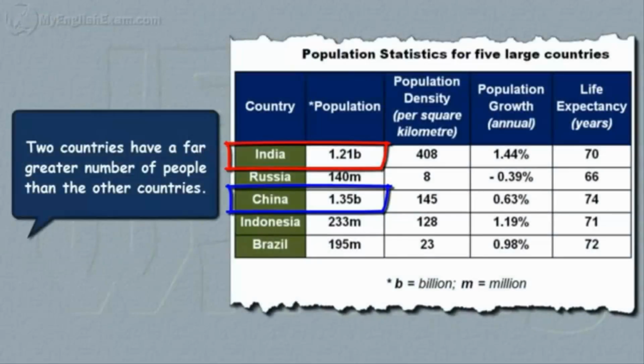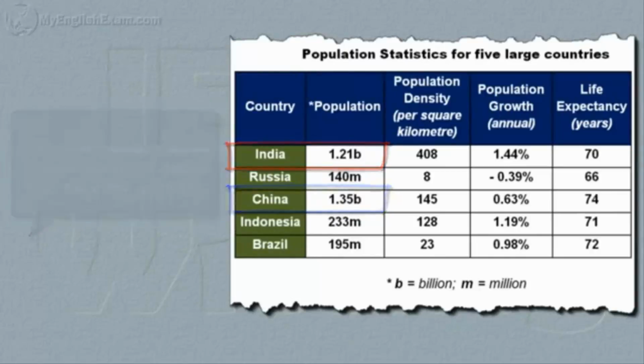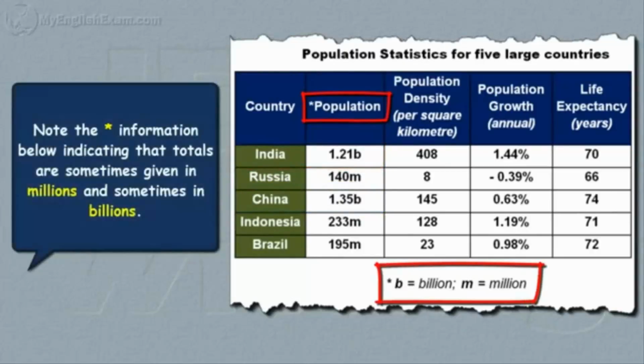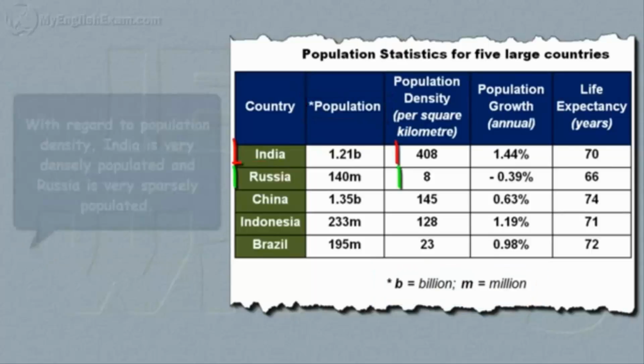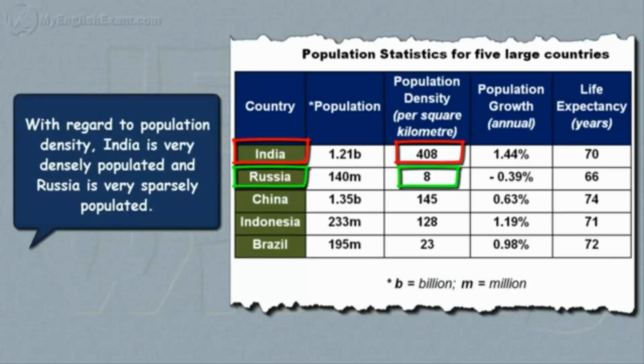2 countries have a far greater number of people than the other countries. Note the information below indicating that totals are sometimes given in millions and sometimes in billions. With regard to population density, India is very densely populated and Russia is very sparsely populated.